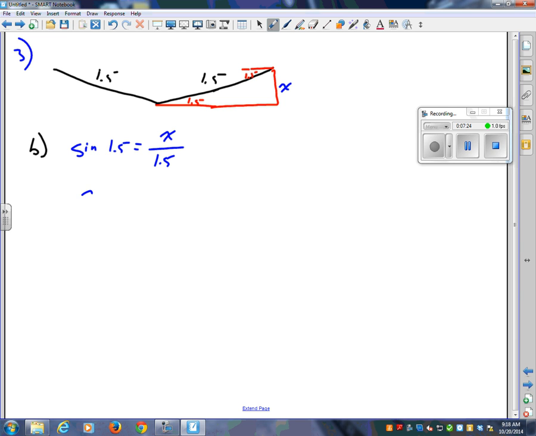Solve for X. 1.5 times the sine of 1.5, and I get 0.0393 meters, or 3.9 centimeters.